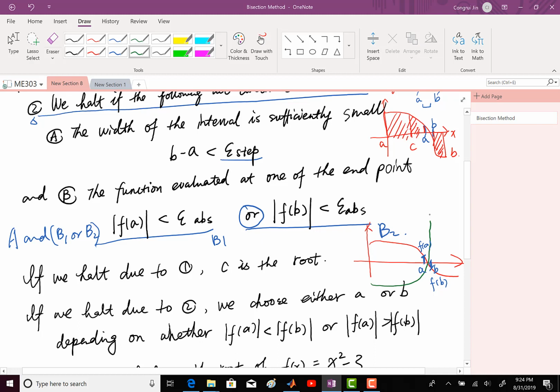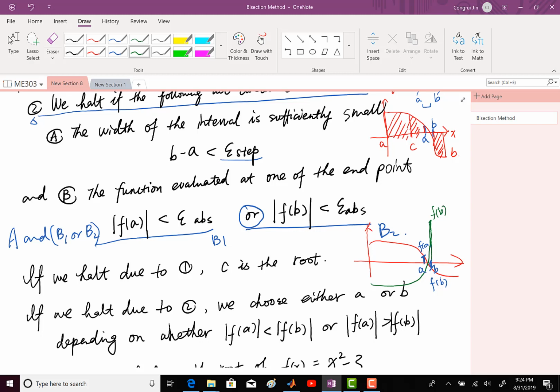They increase very fast around the root. So when you are a little bit off from the root, the value of FB becomes very large because the function during this small interval increases so fast. So FB is very large.